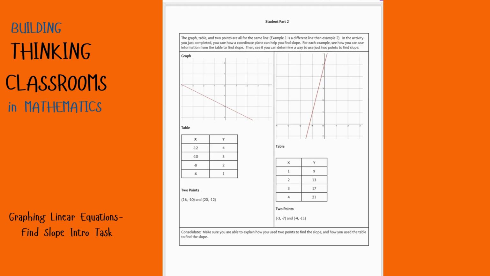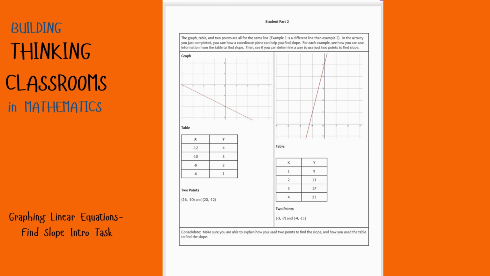Now, I will say that this task, aside from starting a little bit differently than others, is meant to be a little bit of a longer task. The first part didn't really take very long. However, this portion is where we really want to give students an opportunity and time to see: is there a trend in the table? If there is a trend in the table, what is it? Can we recognize that trend on the graph, as well as the 2 points?